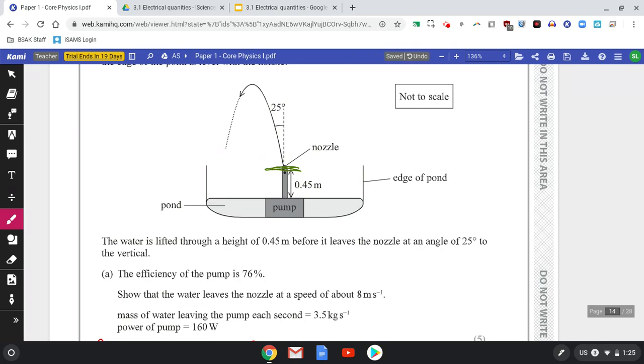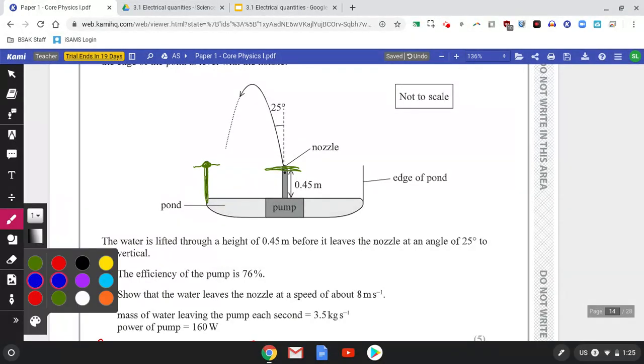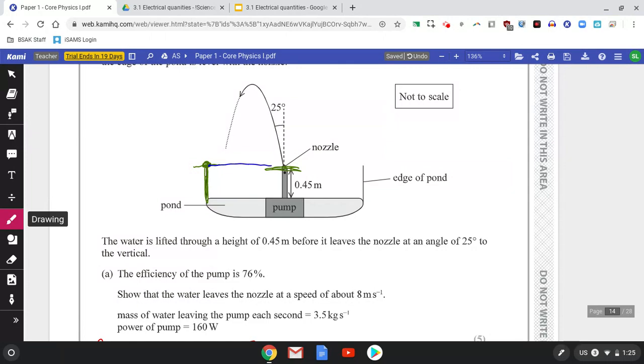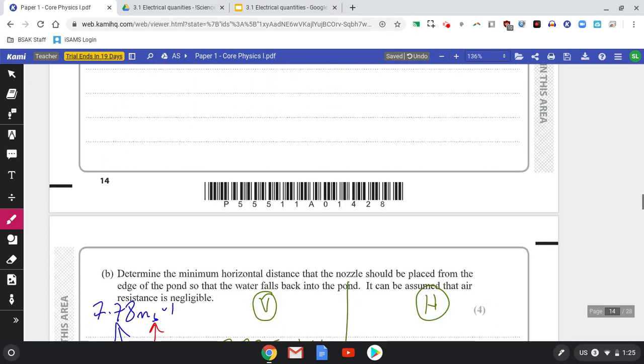Now, thankfully, the lip, or the edge of the pond, okay, so yeah, we want this to be our final point for the water. So from that we're going to calculate the exact horizontal range that we have available to us. Okay, right. So back to the question.